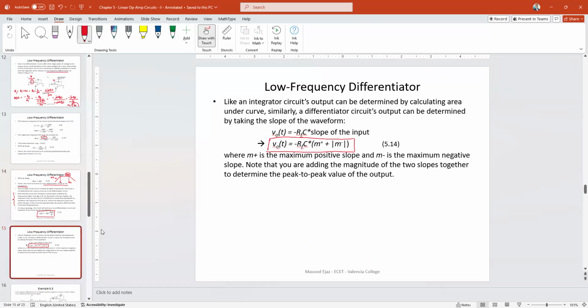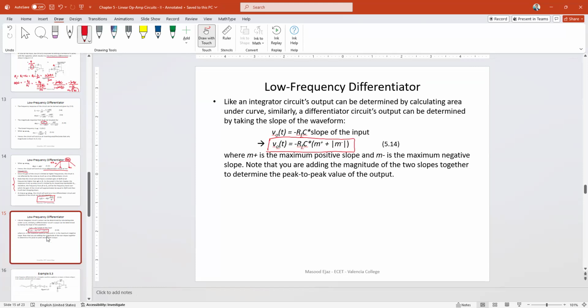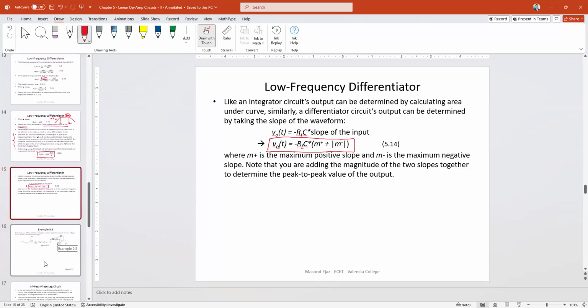So to calculate the peak-to-peak value of that slope, we calculate the positive slope and add the negative slope. That shows you the peak-to-peak value of the slope times, of course, RFC, which is the peak-to-peak value at the output. That's an easy way to do it if your input signal has consistent slopes.